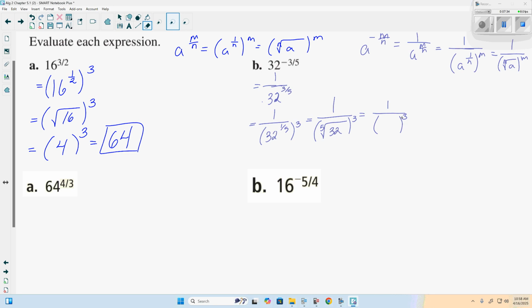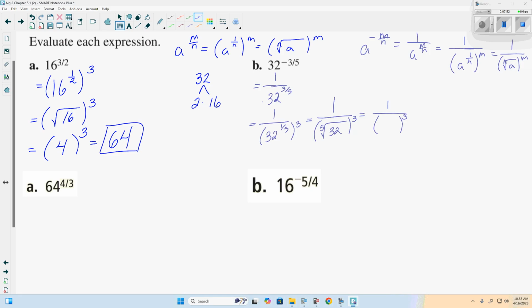Well, we know the square root of 16 was 4, so we're looking for probably a smaller number for 32. And it will be 2, because if we break 32 down using factor trees, using prime factorization, 32 is 2 and 16.